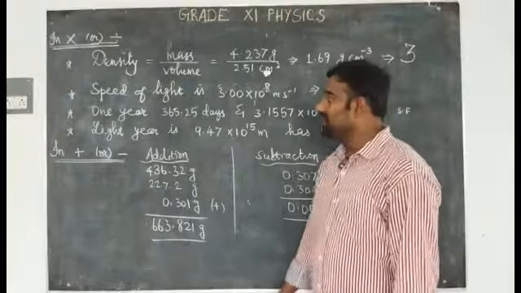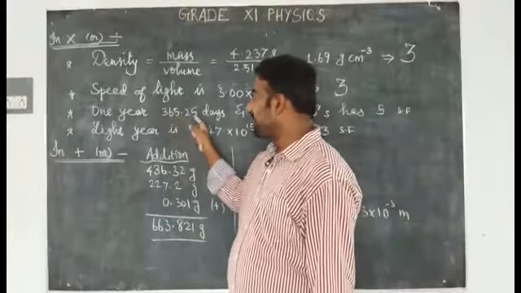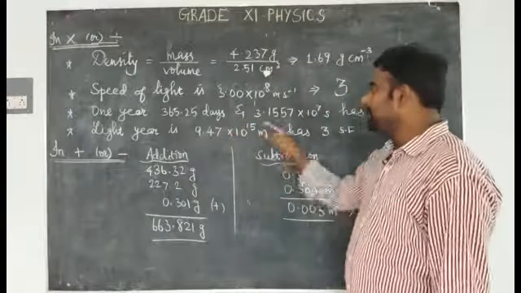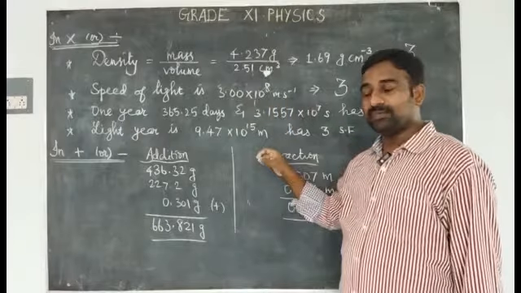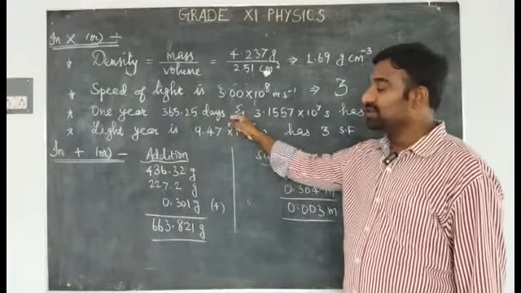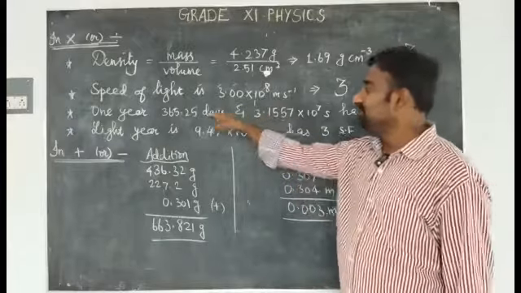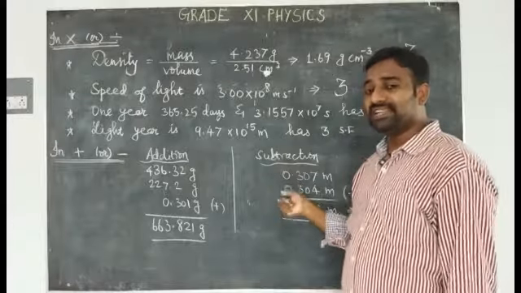Okay, then 1 year. 1 year is 365.25 days. Also in seconds, 1 day is how many seconds? 1 day is 24 hours, 1 hour is 60 minutes, 1 minute is 60 seconds. So further it is multiplied with 24 into 3600 seconds.